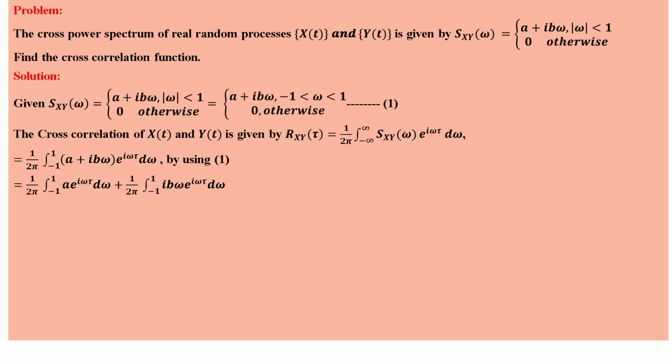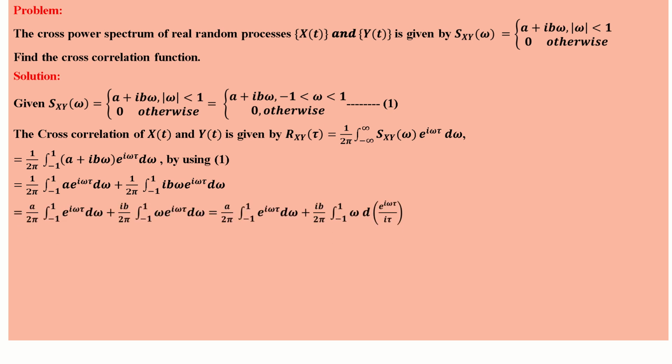Taking a outside the integral, a/2π ∫ e^(iωτ) dω. Here ib is a constant, so we take it outside: ib/2π ∫ from −1 to +1 of ω e^(iωτ) dω.